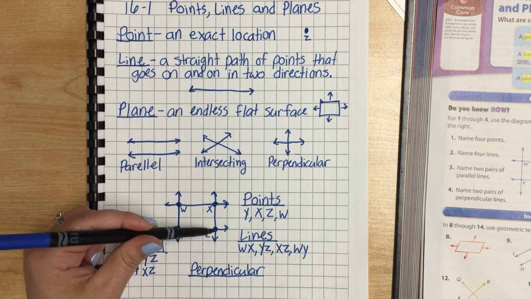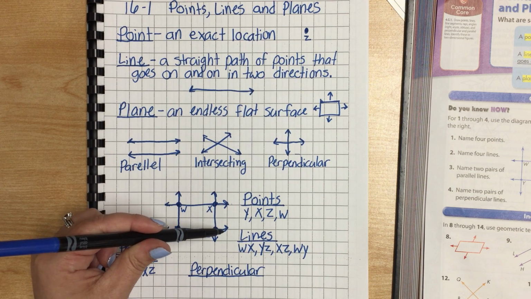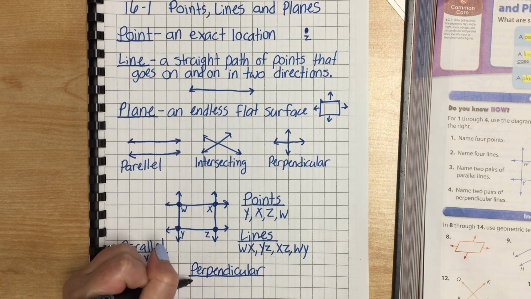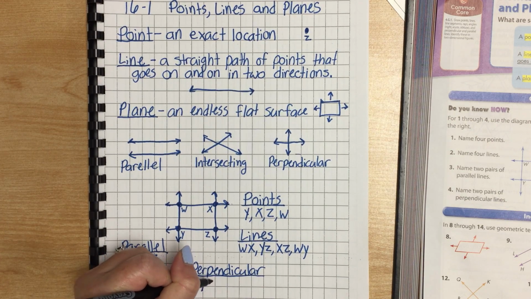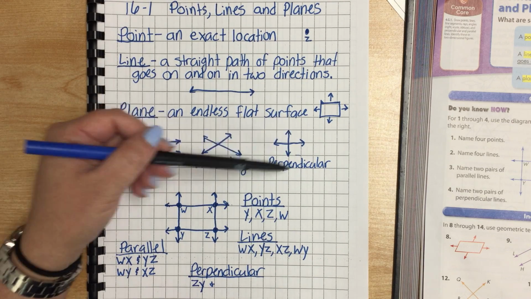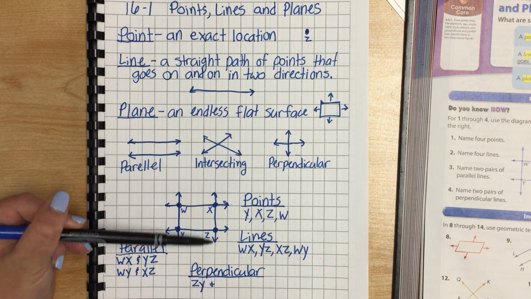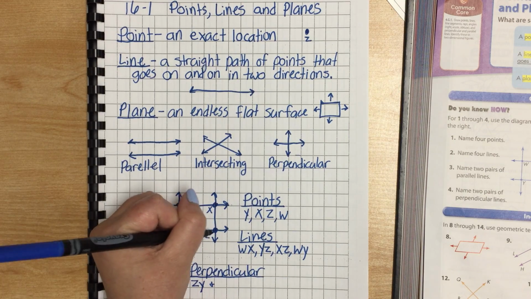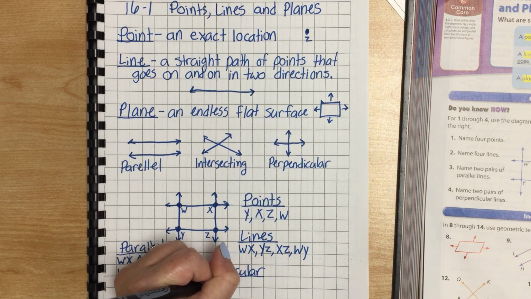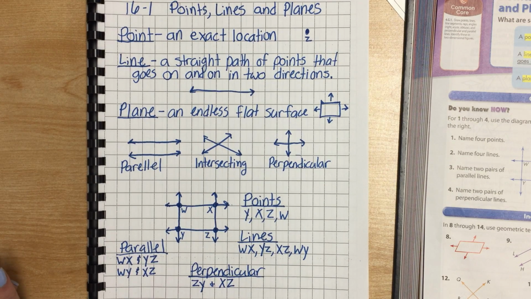Z and Y. Okay, so ZY would be one line, and what's perpendicular to ZY? Remember what perpendicular is? XZ. Maybe a clue there is that they share a point. ZY and XZ are perpendicular.